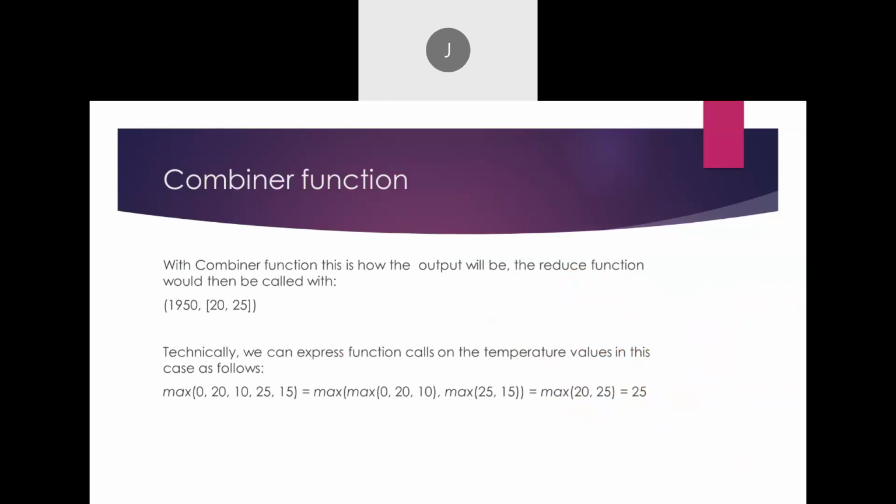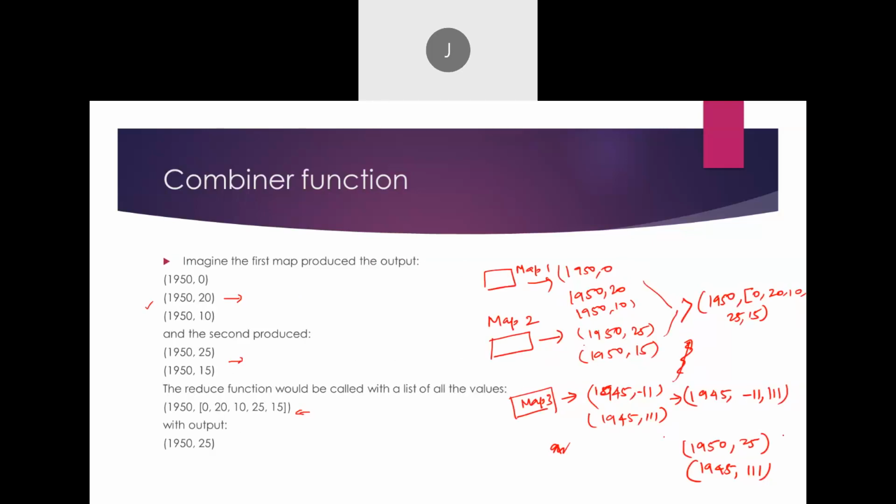The reduce function would be called, and we are going to apply the maximum aggregate function on this list. Rather than doing it there, if you have a combiner service, it will apply the max here itself and find the max here itself.